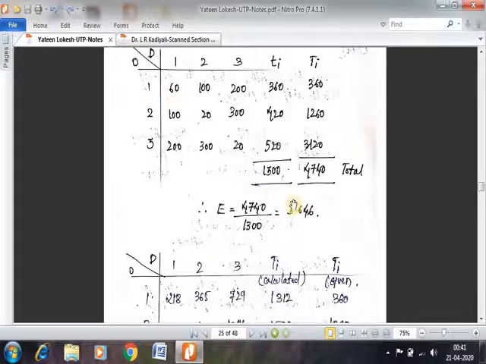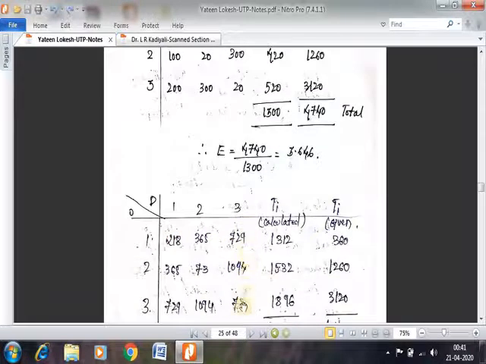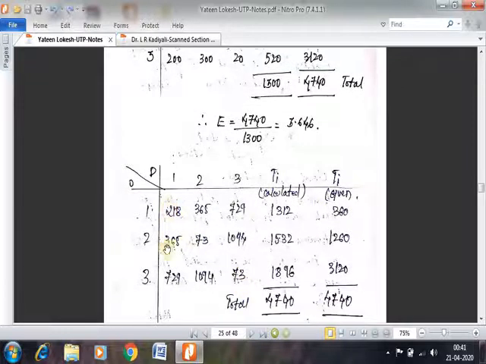So 60 multiplied by 3.646, you will get somewhat around 218. Like this you will be multiplying all the existing elements with the growth factor we have got. Once you multiply the existing trips with the growth factor, the new elements would look somewhat like this.